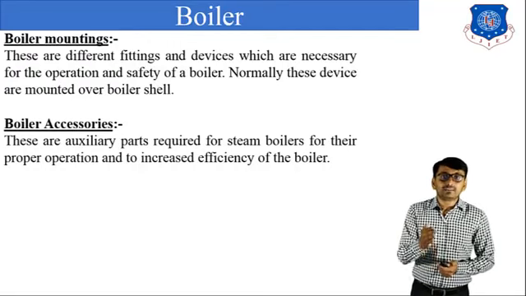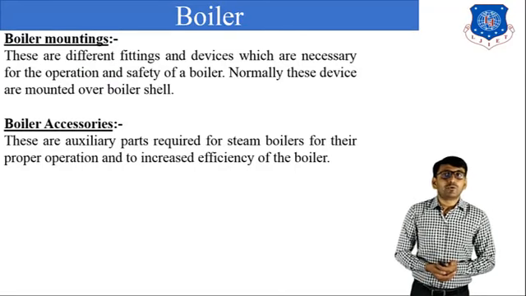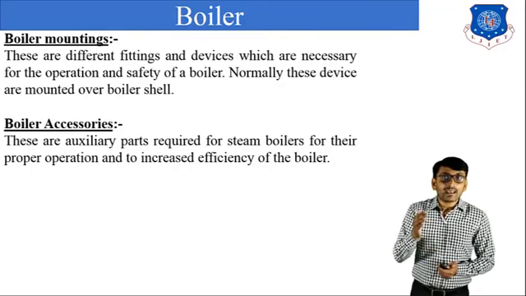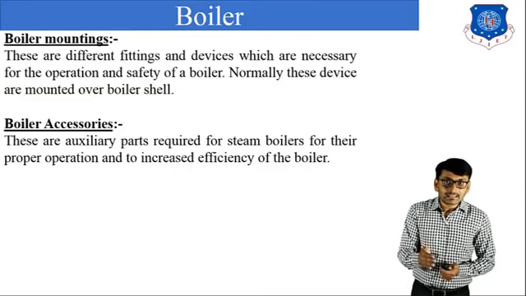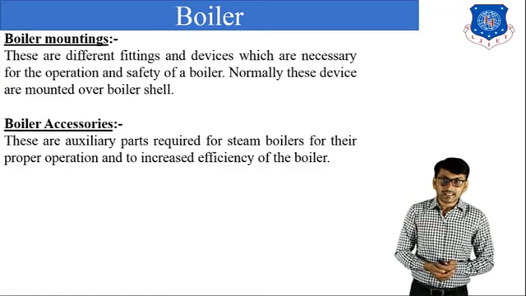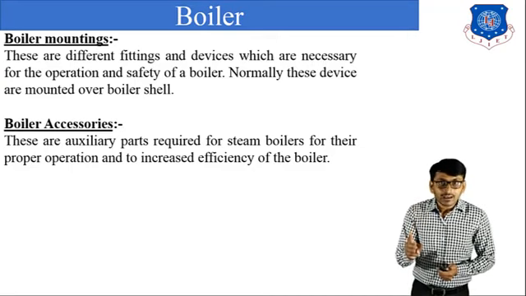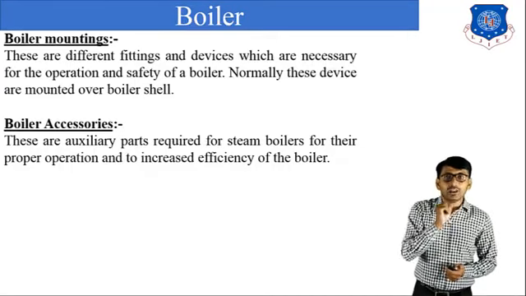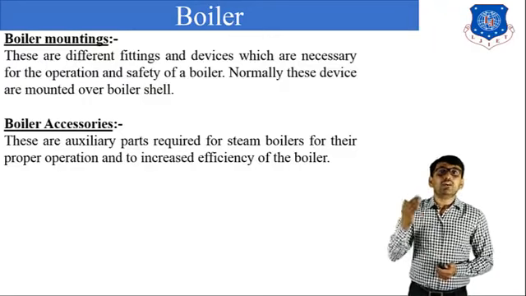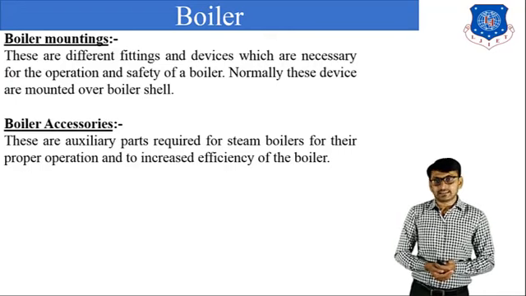These are the auxiliary parts required for the steam boiler for its proper operation and to increase the efficiency of the boiler. So boiler accessories are the devices which are connected with the boiler to increase its efficiency and performance. So boiler mounting is for the safety of the boiler and boiler accessories are to increase boiler efficiency. So this is about boiler mountings and boiler accessories.